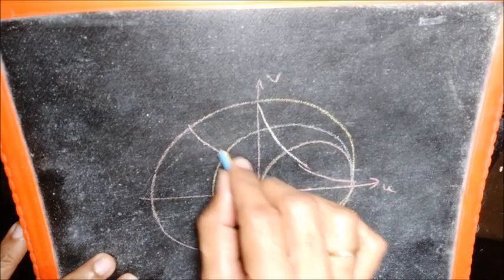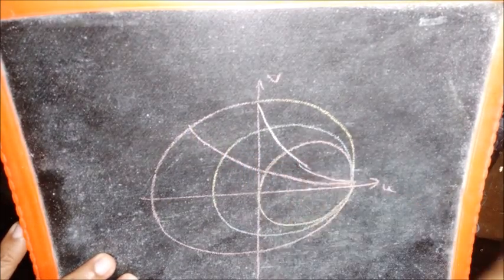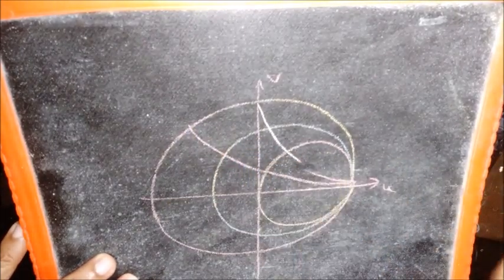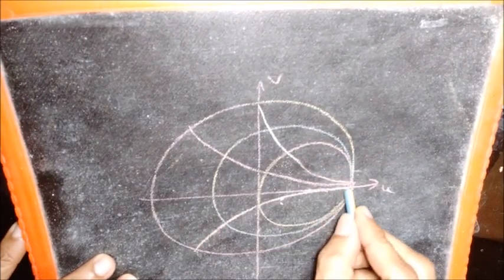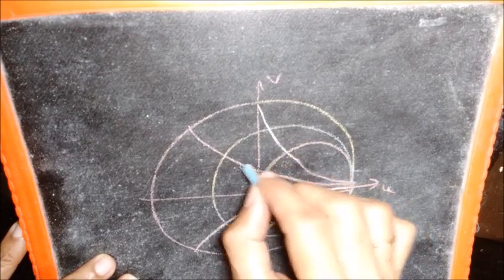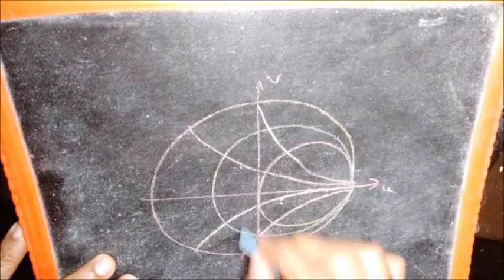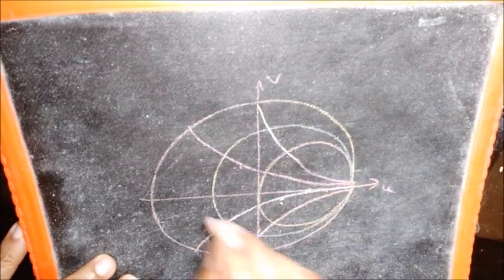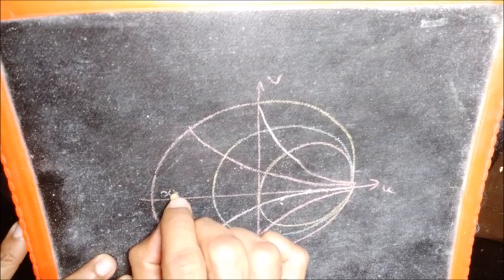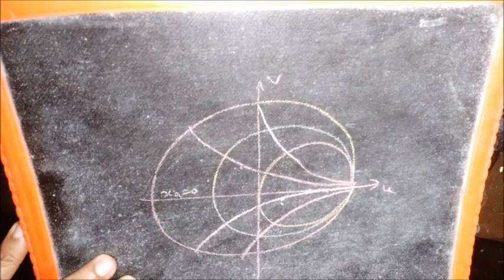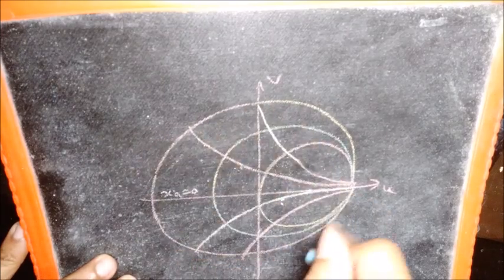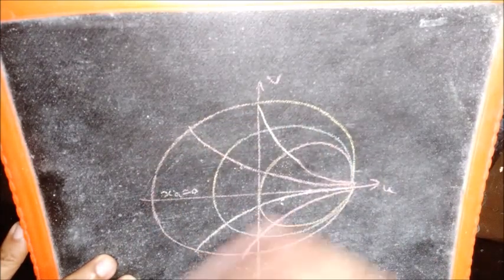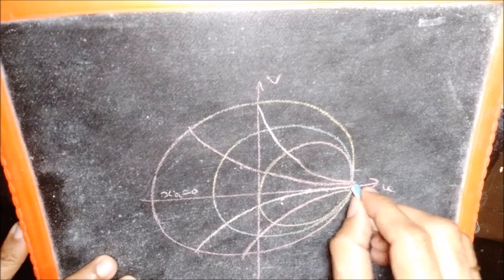We don't need the complete Smith chart, so a few circles are enough. These are for the positive XA values, these are for their corresponding negative XA value. This is XA equal to 0, and as I said, this is the RA equal to 0 circle, various values of RA, infinity is here, and so on and so forth.